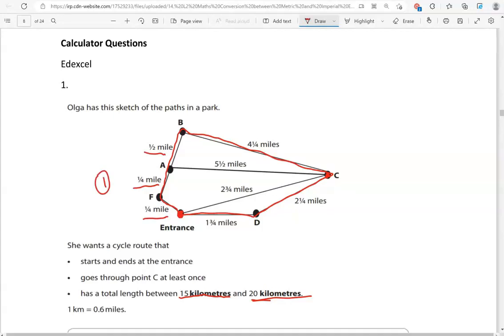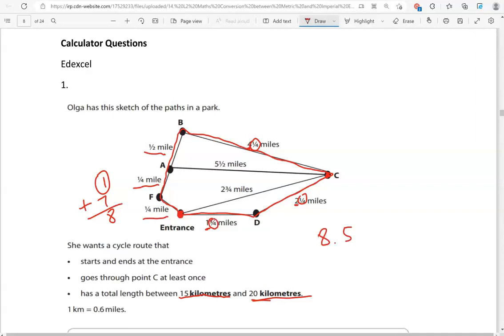Then we have 4 and 2, which is 6, and 1, which is 7. So that is 8 miles. Now we've got a quarter here and a quarter, which is half, so 8 and a half.